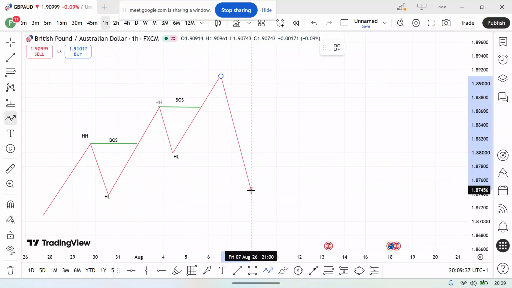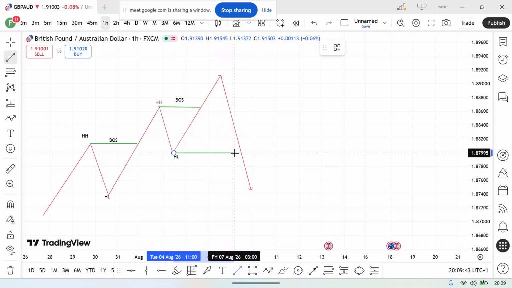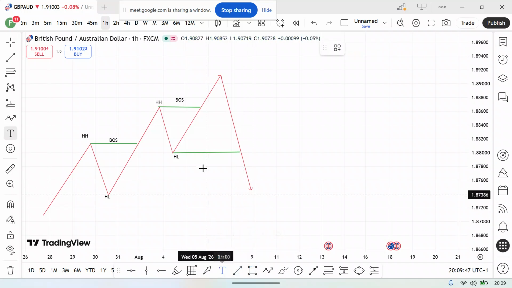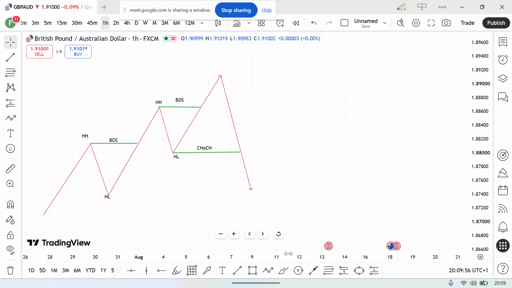So this is it. And I also told you when price takes out a higher low in an uptrend, it is considered a change of character. Are we following up?